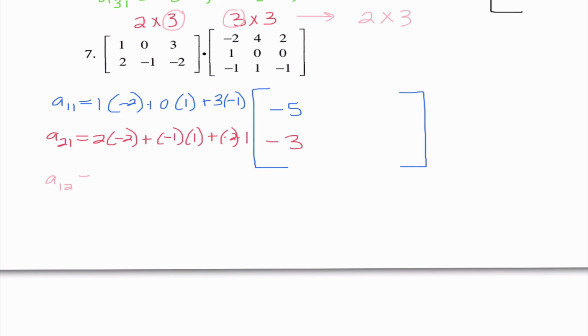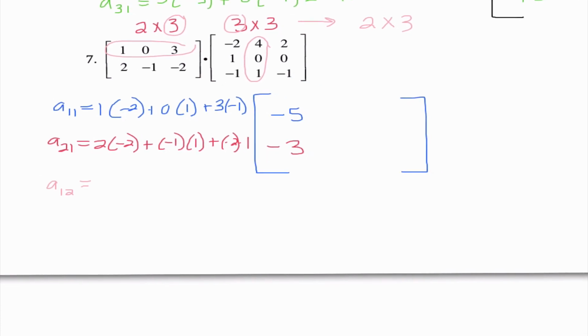So that means row 1 times column 2. Let me circle those for us. I'm going to do 1 times 4 plus 0 times 0 plus 3 times 1. So I get 4 plus 0 plus 3, which is 7.